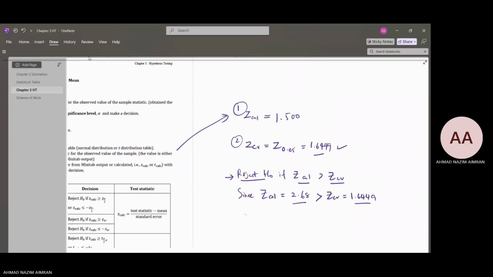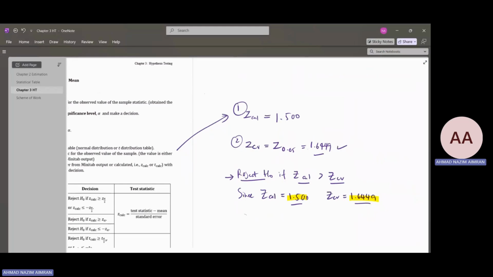Then the new Z calculated is 1.500. Therefore, again, you need to compare the two values here, 1.500 and 1.6449.